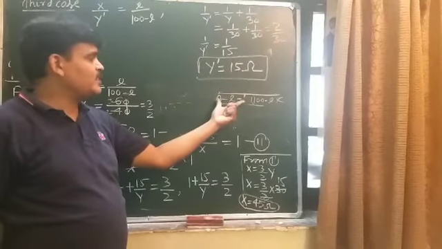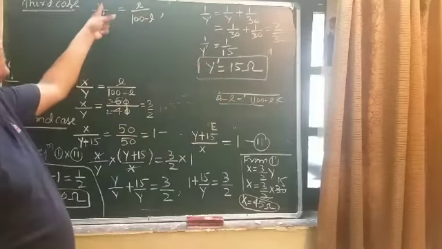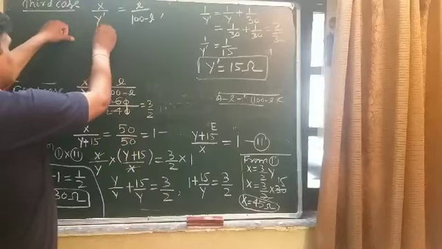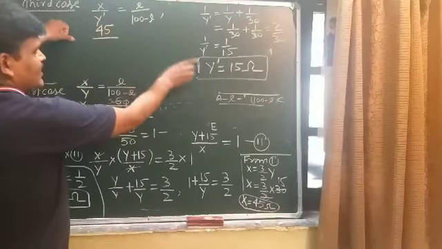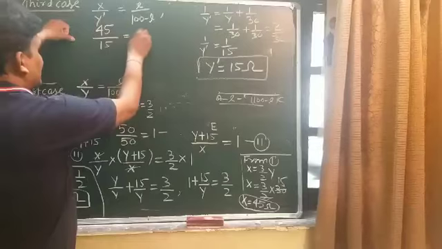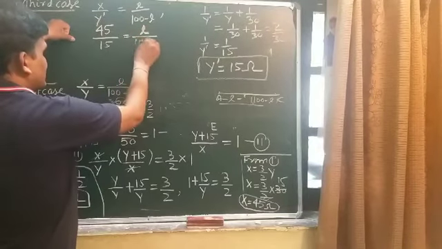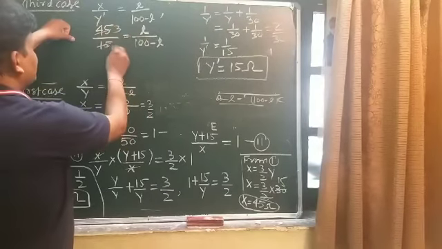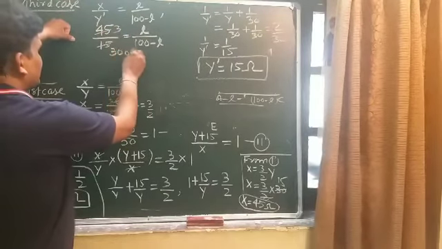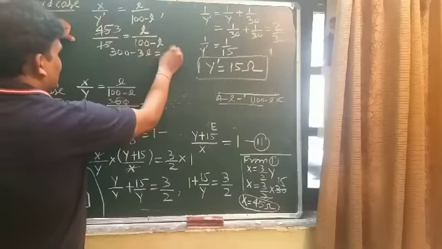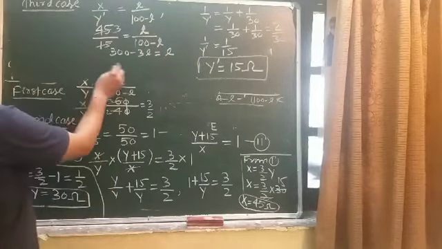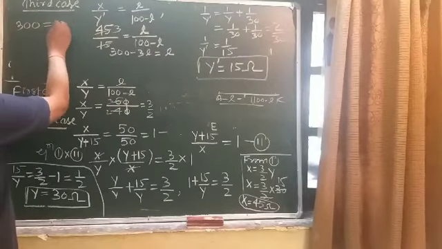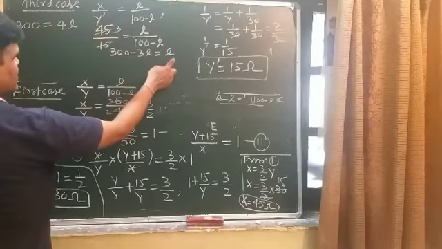And suppose the null point is obtained at position L. Now putting the value of x and y dash: x is already calculated as 45, and y dash is 15, equal to L by 100 minus L. Cancelling 15 three times 3, cross multiplication gives 300 minus 3L equal to L. Solving this, 300 equals 4L.